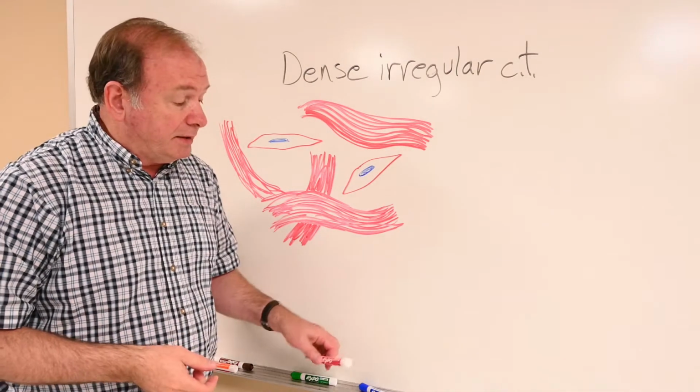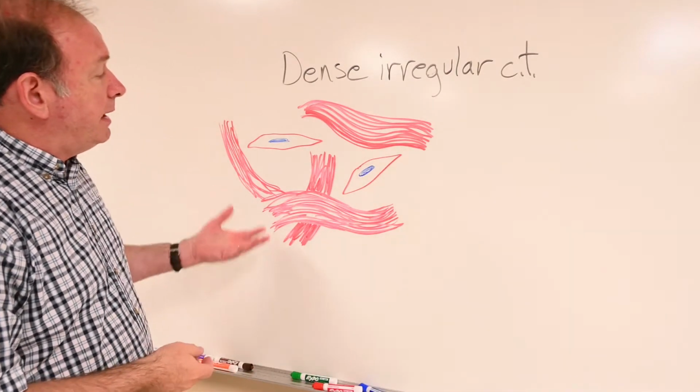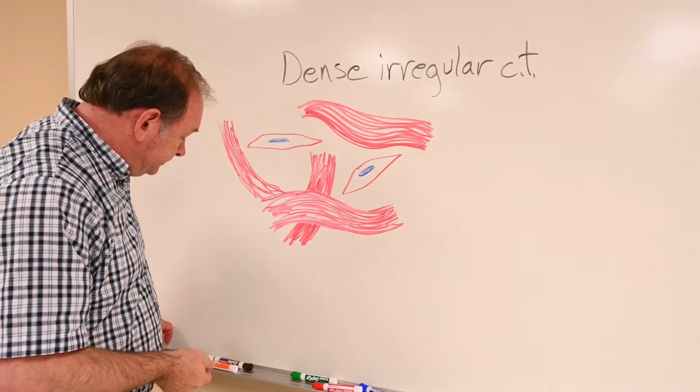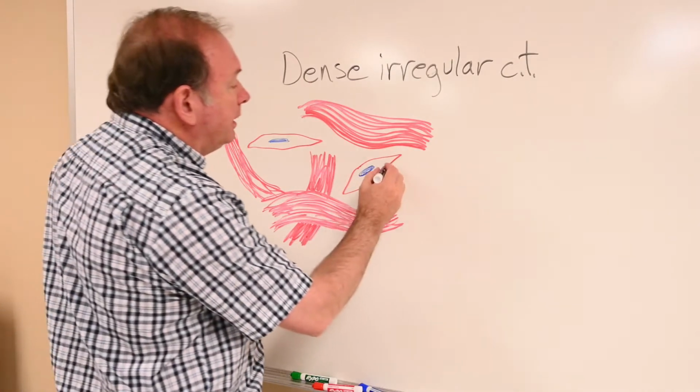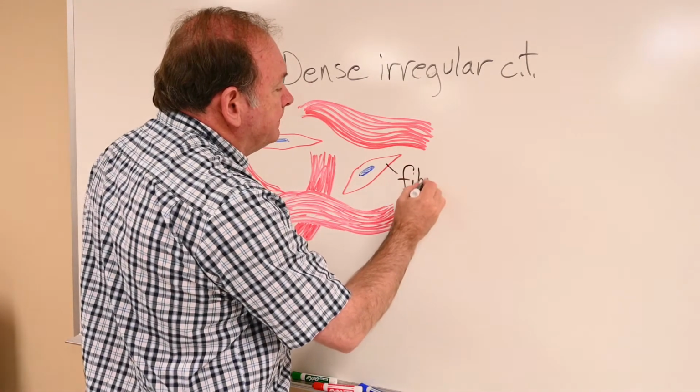You don't see the elastic fibers and the reticular fibers here. You do have some fluid space in between things, so label fibroblasts.